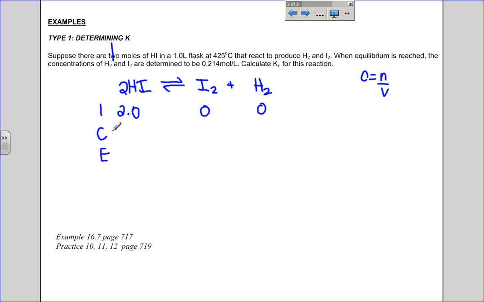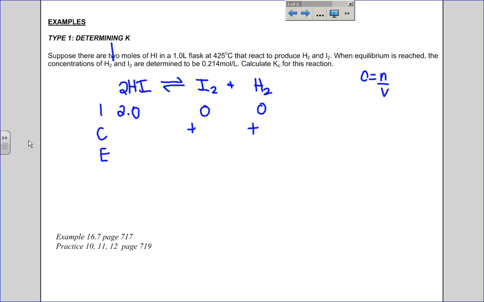The next row that we'll fill in is the change row, and the change row is always in terms of x. So we know that the concentrations are going to change as we approach equilibrium, but we don't know by how much. So we're going to put the amount that they change by in terms of x. Because the concentrations of the I2 and H2 have started at 0, we know that as they approach equilibrium, they are going to have to increase by some amount.